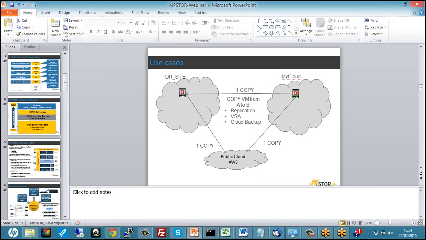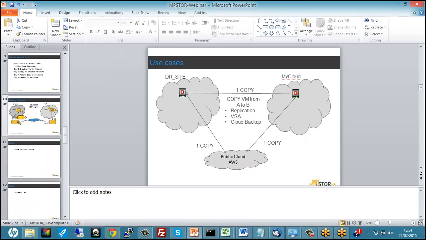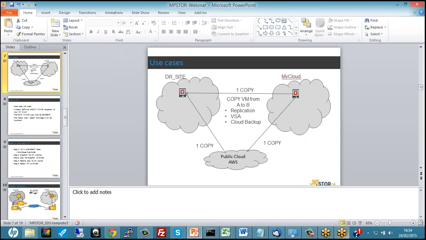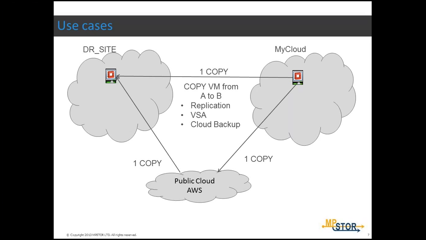Orkestra has a very nice feature which allows you to apply a policy to volumes. So if I set up a policy on a volume which says I do snapshotting, or I do replication, or I do backup, then all volumes created within that policy will obey the same rules.